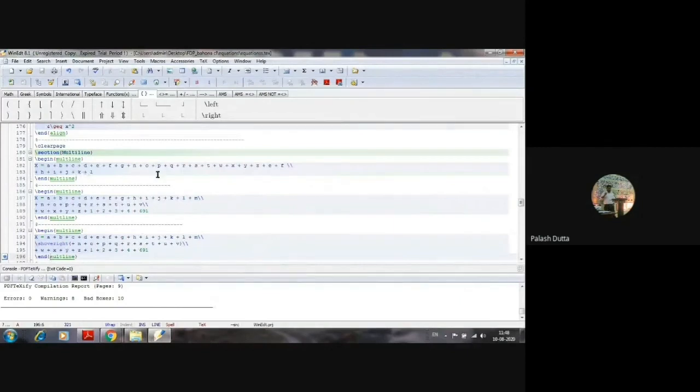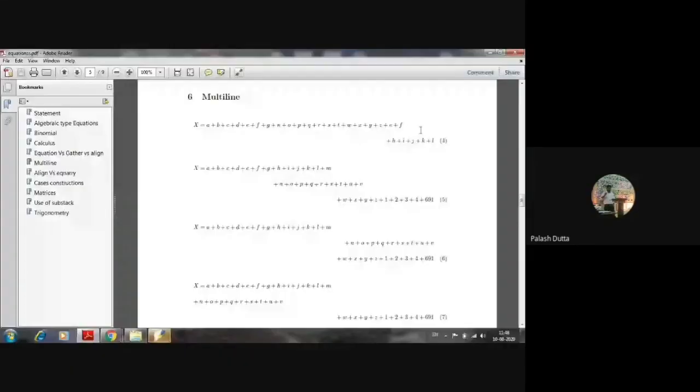Where you want to break the line, you can use this symbol. After that, the expression will come in the next line. The characteristic is that the first line will be left justified while the second line will be right justified. Remember.